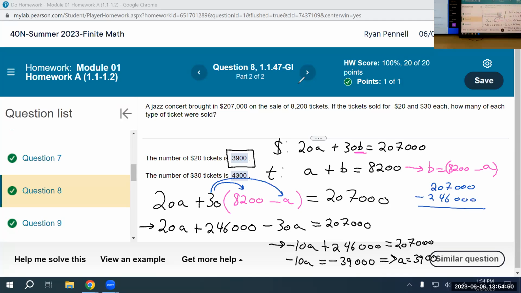Now that we have A, we can find B. Or if you used XY, now you would solve for Y. Okay, well, how do you do that? So I'll switch colors because it's getting messy, but let's go back to A plus B equals 8,200. Okay, so A equals 3,900.